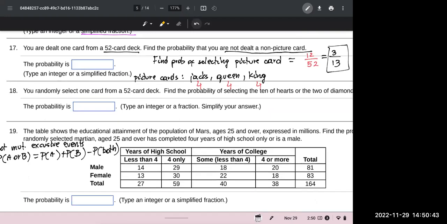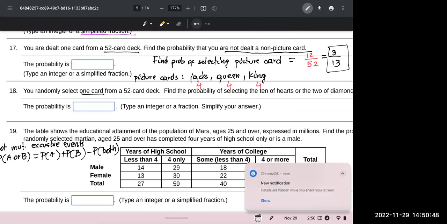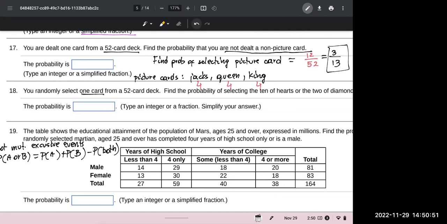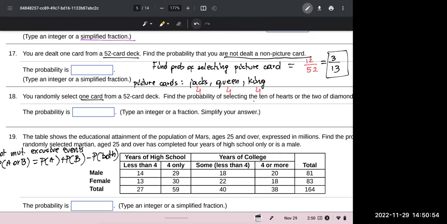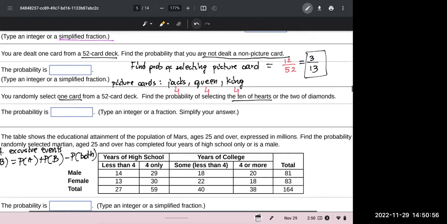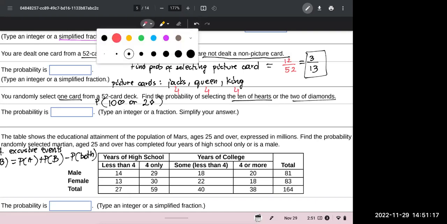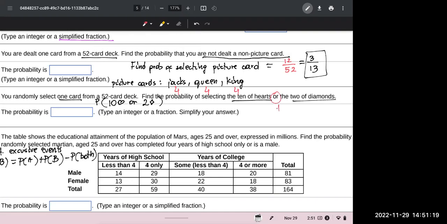Question 18. We have to select 1 card from a 52 card deck. Find the probability of selecting the 10 of hearts or 2 of diamonds. So you have to calculate the probability that you will select the 10 of hearts card or the 2 of diamonds. So OR in probability means addition.